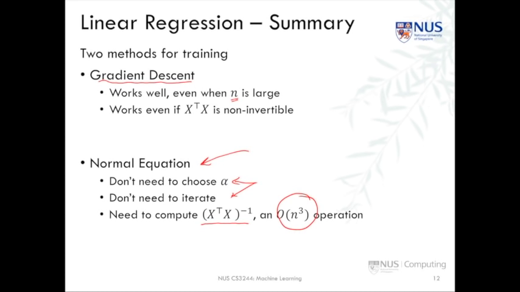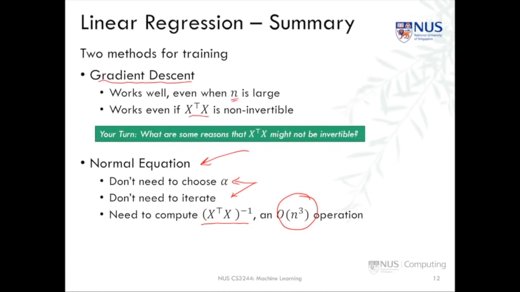And in certain cases the matrix that we need to invert, x transpose x, is non-invertible, for example, if some of our columns, our features, are not distinct, we have replicated columns, then we can't take an inverse. There are some other cases which you can think about why x transpose x might not be invertible. You can post your answers to this on the discussion forum so that we can all recall from our linear algebra what are the cases why a matrix might not be invertible.